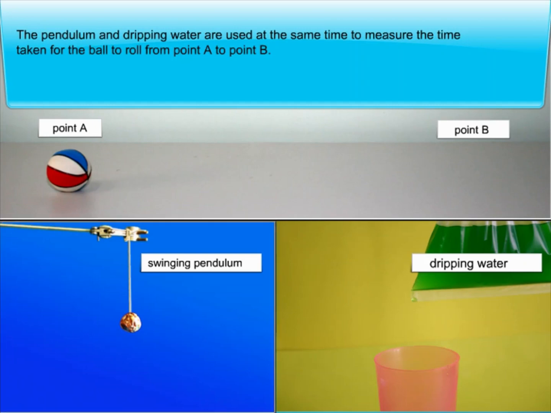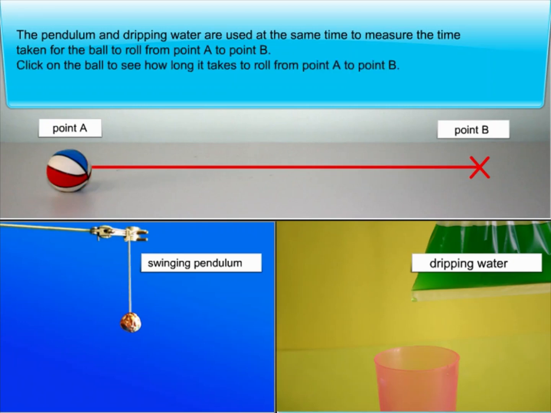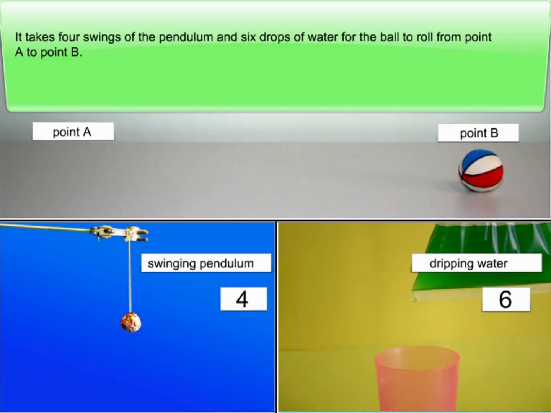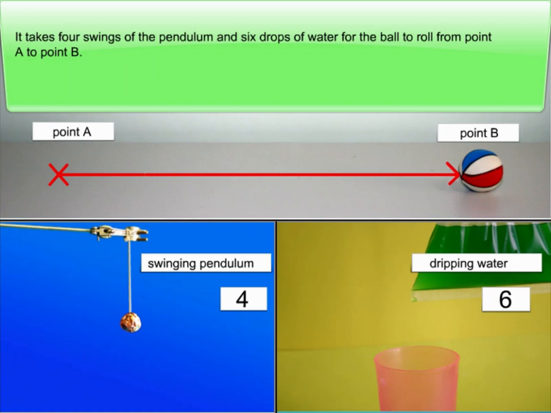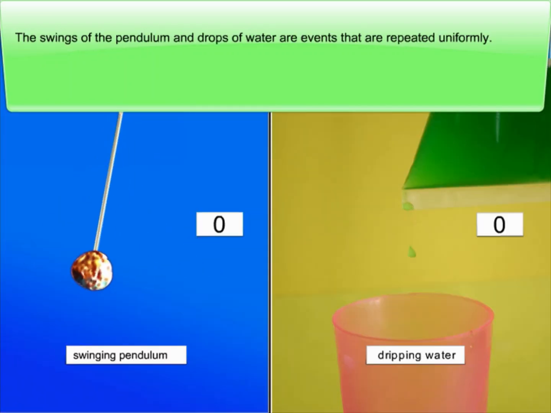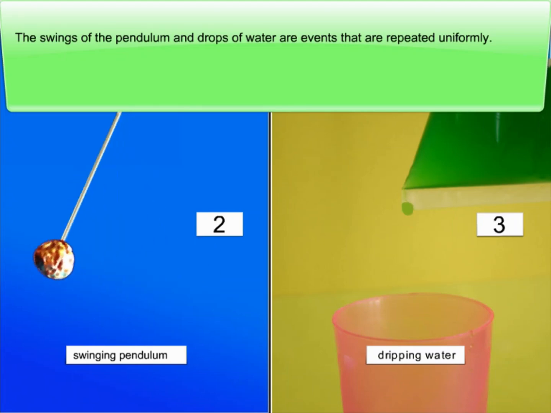The pendulum and dripping water are used at the same time to measure the time taken for the ball to roll from point A to point B. Click on the ball to see how long it takes to roll from point A to point B. It takes 4 swings of the pendulum and 6 drops of water for the ball to roll from point A to point B. The swings of the pendulum and drops of water are events that are repeated uniformly.